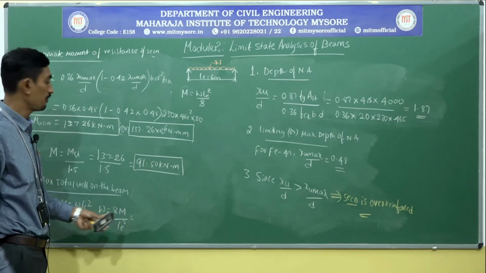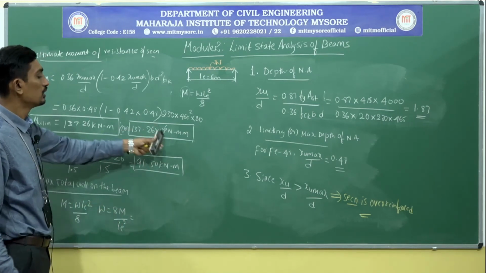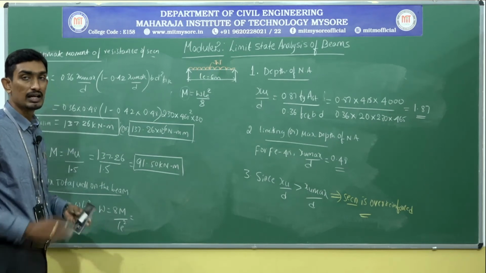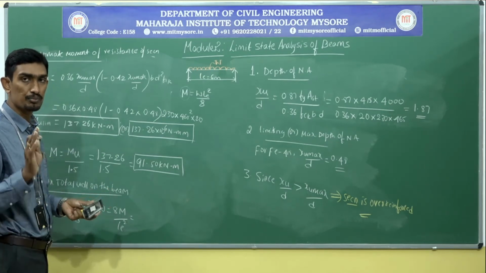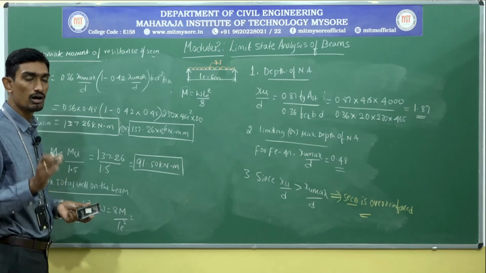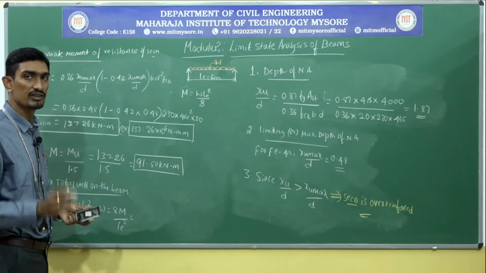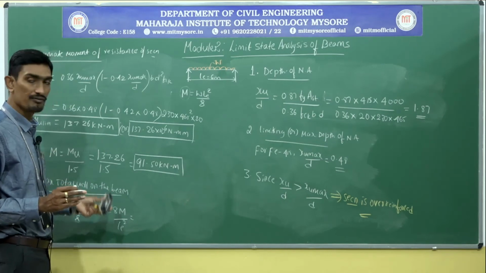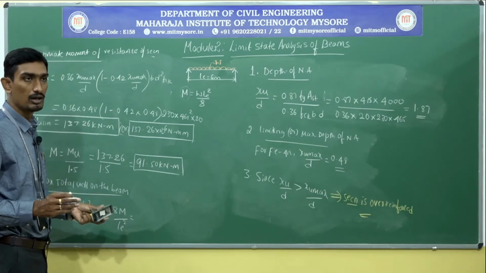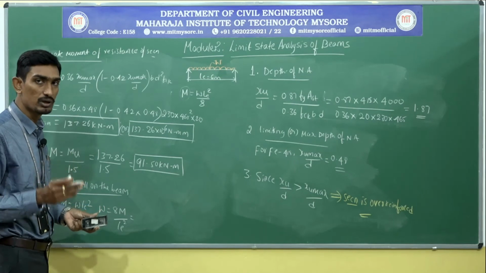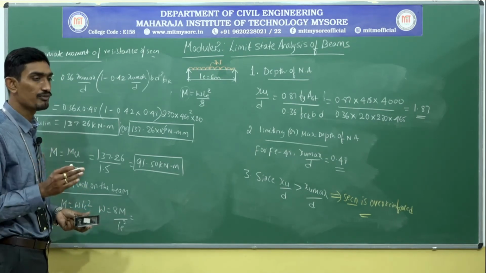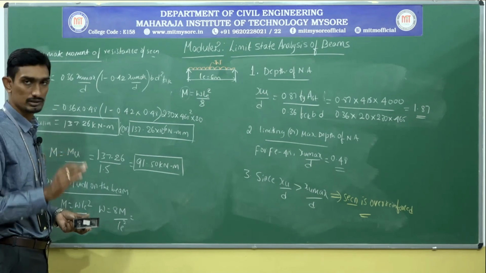If you substitute M in Newton millimeter and L in meter, the answer will vary. So please note down all these things. It looks very simple and very silly, but all these things are very important. In a hurry, while substituting, you may miss certain things. That's why while substituting the formula, please be cautious.